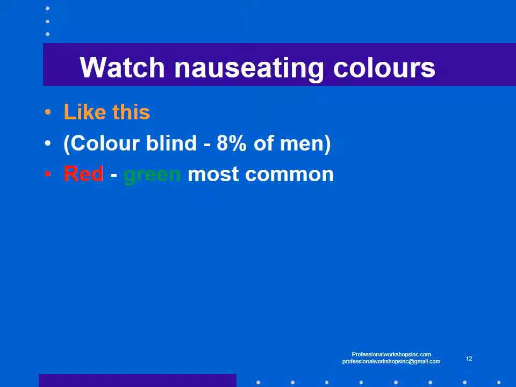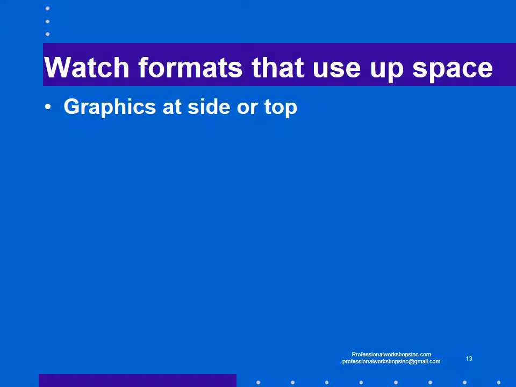Red-green colorblind is the most common, so if you are going to use colors, watch red and green. But even look at this slide. We've got white, blue, orange, red, and green, and it's already starting to look a little messy and a little busy. Stick to white letters, blue background.